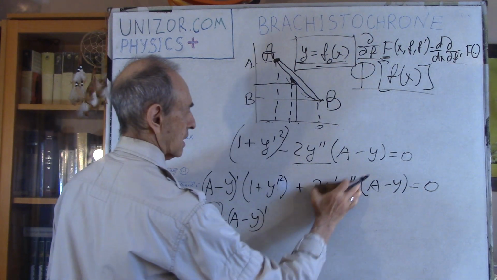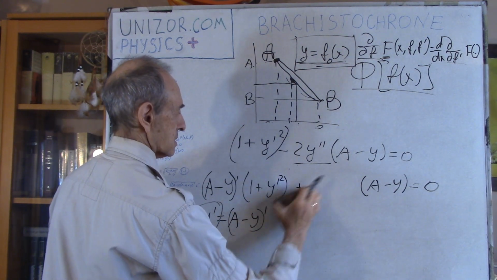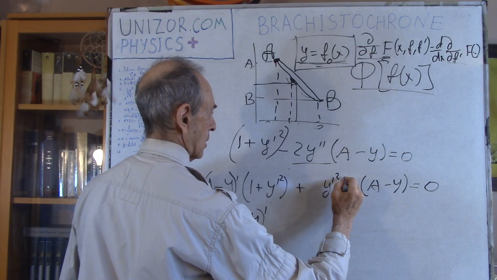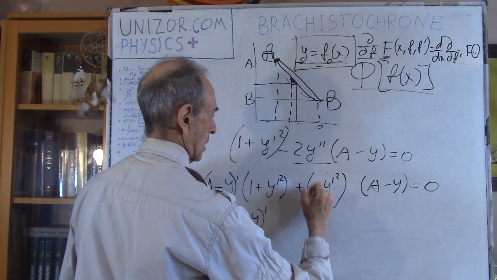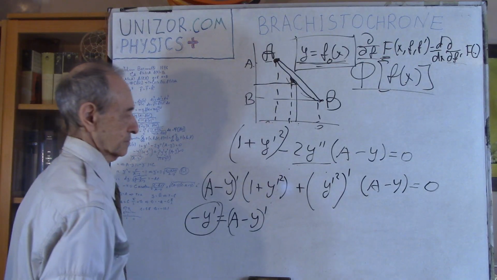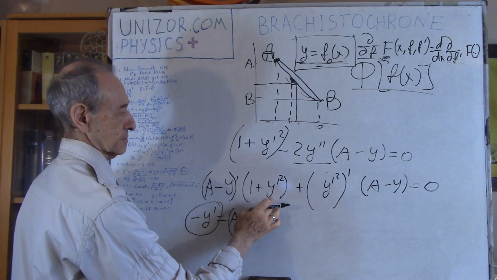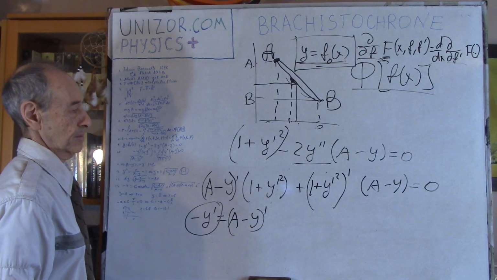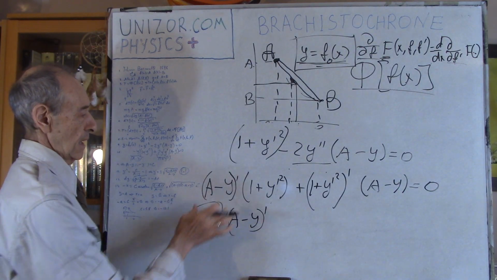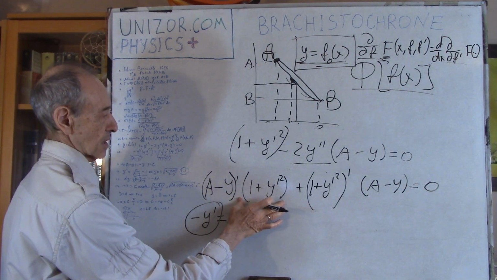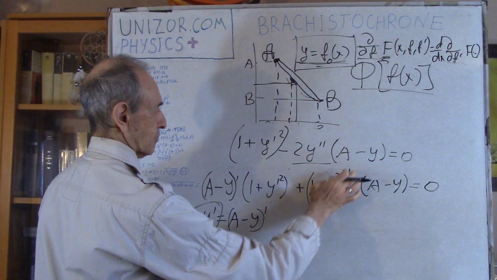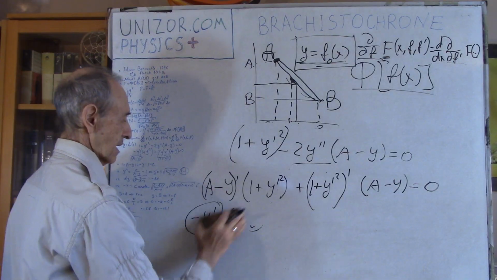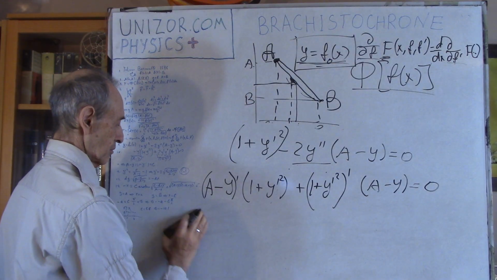And instead of this, I can put y double prime, almost like this. But nothing is wrong with putting it here, right? And what do we have here? A minus y prime times something, then something prime times a minus y. What is it? Well, this is the derivative of a product, remember?